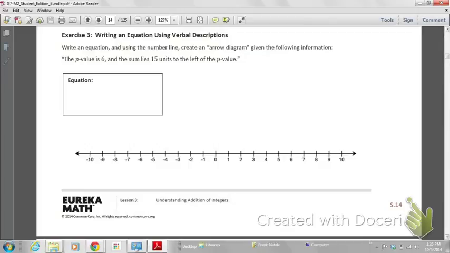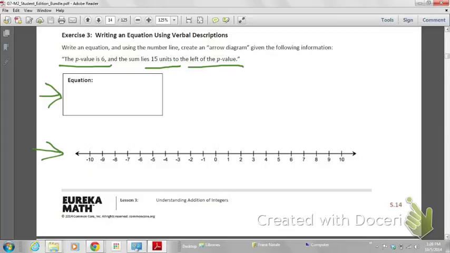Write an equation using the number line. Create an arrow diagram given the following information. Okay, so you're going to write an equation here, and then you're going to use your arrow diagram on the number line for this information. The p-value is 6, and the sum lies 15 units to the left of the p-value.